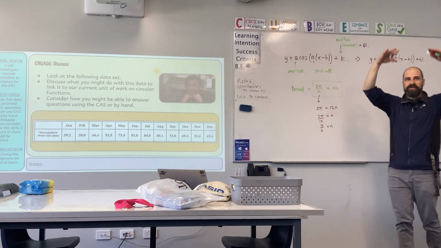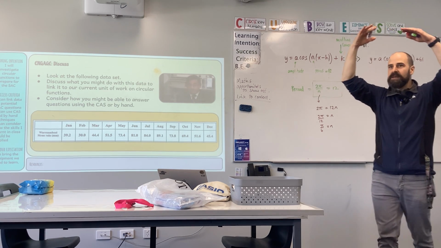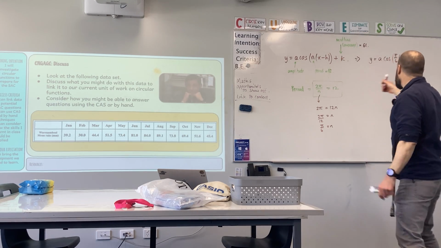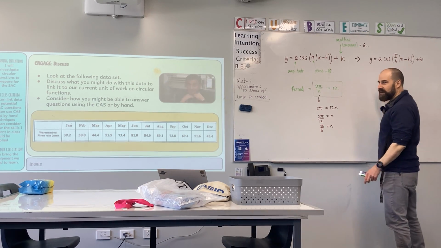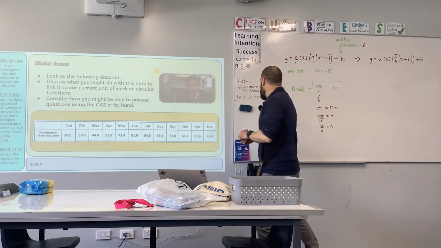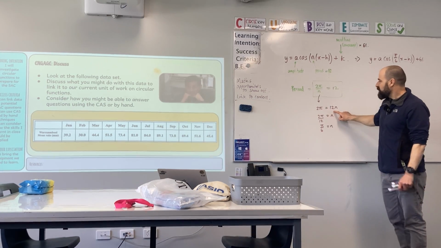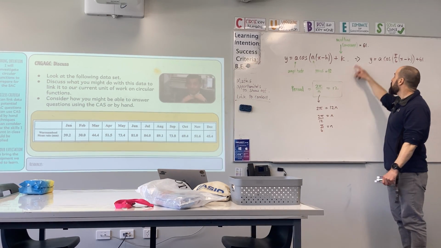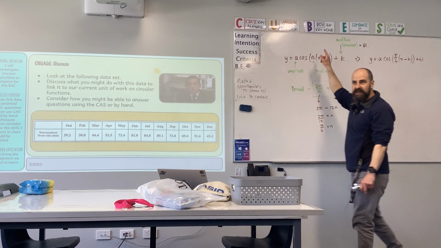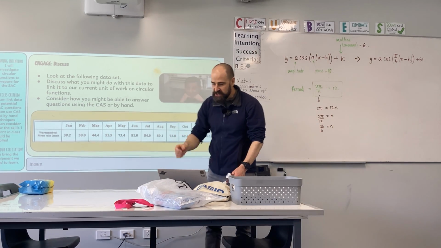We want the graph to move up 61 places, and we want the graph to repeat itself after 12. I can improve my answer by explaining why I did this and how I did that, and link it back to the context.